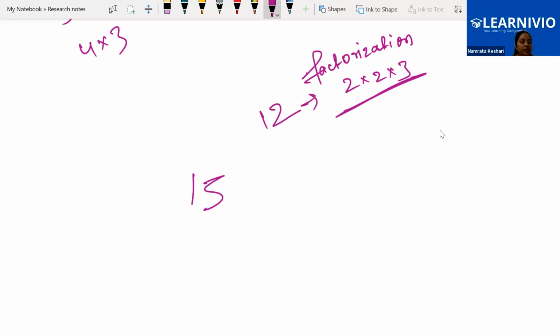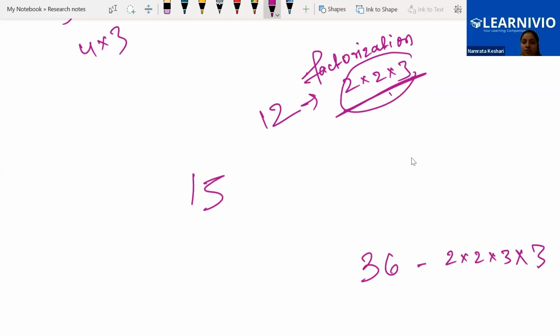No other number can give this factorization. Yes, along with this, if I take another example, 36, that can be written as 2 into 2 into 3 into 3. So if we multiply one more extra number, then we get the other number. But this factorization 2 into 2 into 3 is only for the number 12.